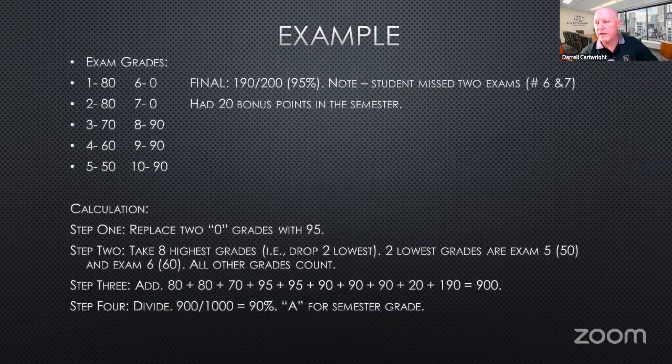Okay, well, if you miss two exams like this student did, you take that 80% and you give your exam 6 grade an 80 and your exam 7 grade an 80, and then you can calculate your own what-if average. So you should be able to do it based upon this example. If you have questions about it, let me know, but hopefully that will take care of it. Thanks, guys.